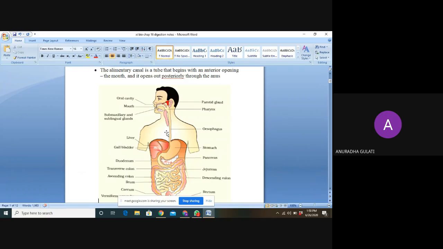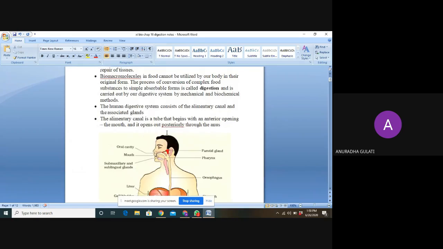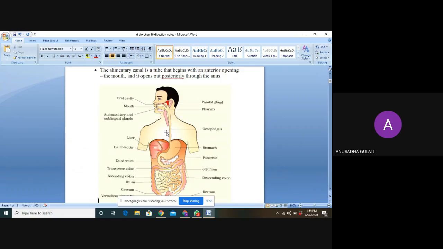For this we have the digestive system in the human body, and this digestive system consists of the alimentary canal and the associated glands. Alimentary canal is a tube that opens from the mouth and finishes off or opens out through the anus.